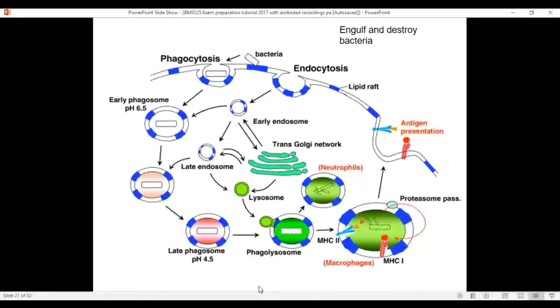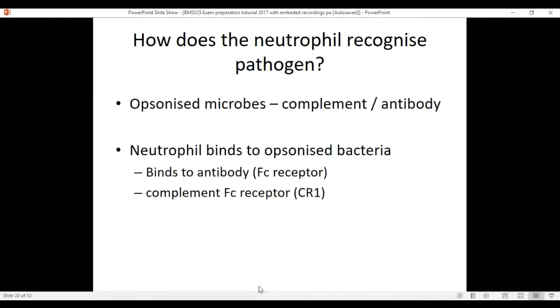But essentially, what you're going to talk about is the fact that the pathogen has been opsonized. Now, the reason it's important to talk about the fact that the pathogen is opsonized is if the pathogen is not opsonized, it makes it difficult for the infiltrating neutrophil to anchor onto or attach to the pathogen.